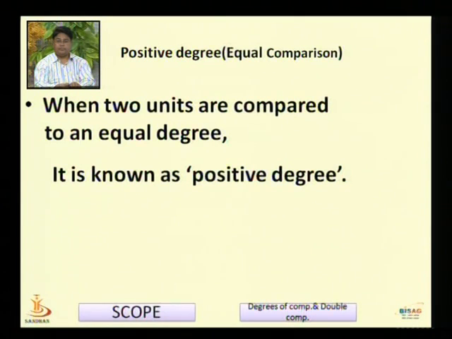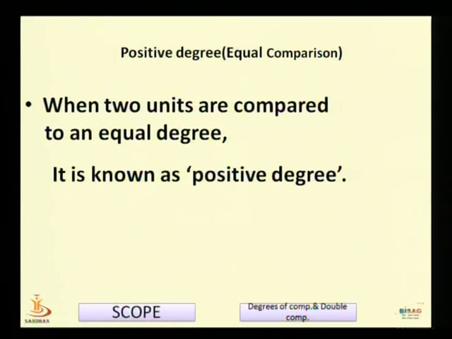Now let us discuss about positive degree. When two units are compared to an equal degree, it is known as positive degree. Yes, dear friends, we know that there are three kinds of degree: positive degree, comparative degree, and superlative degree.